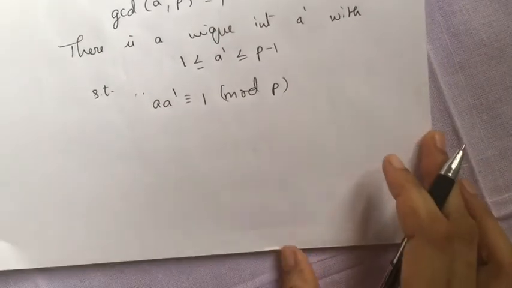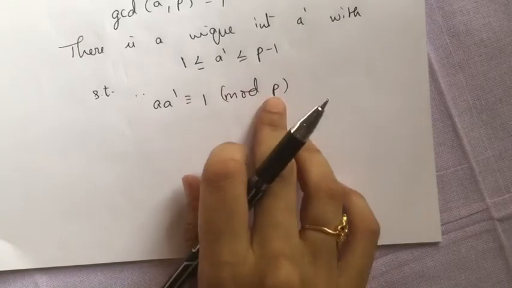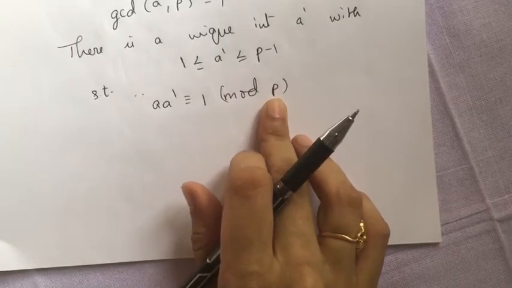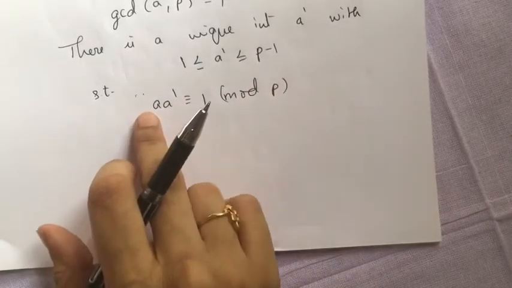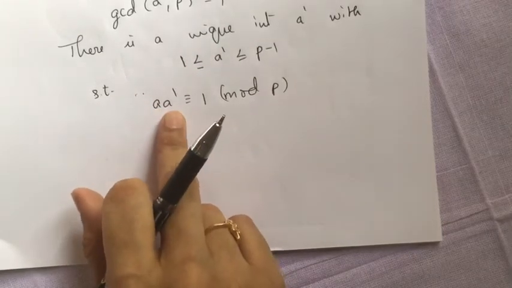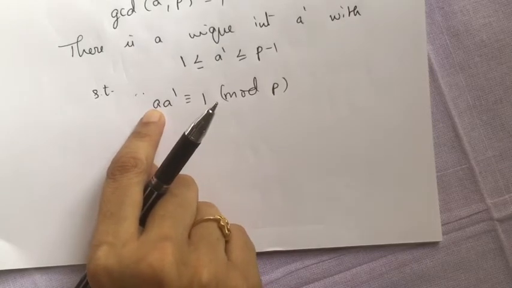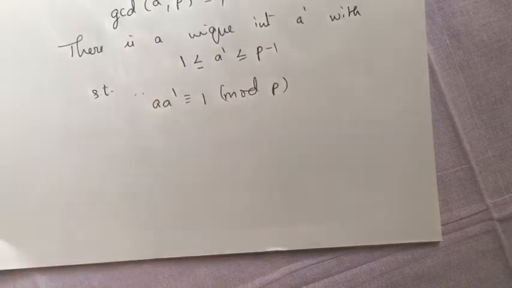Since it is given that p is a prime number, a has to be equal to a dash if and only if a is 1 or it is p minus 1.